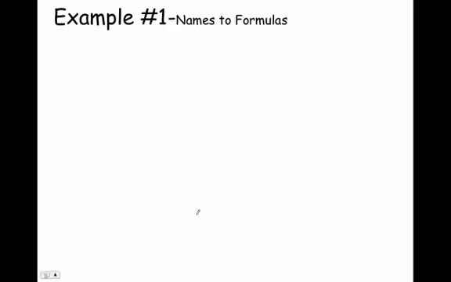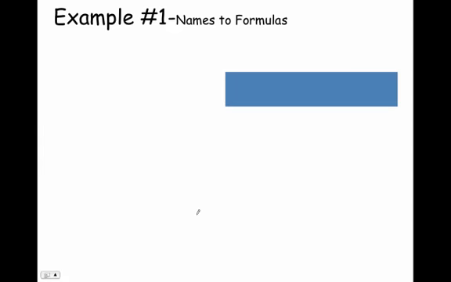So let's practice. Sulfur trioxide. How would we write that? Sulfur is S on the periodic table, and then oxide, that comes from oxygen, O, and tri stands for we have 3 of them.